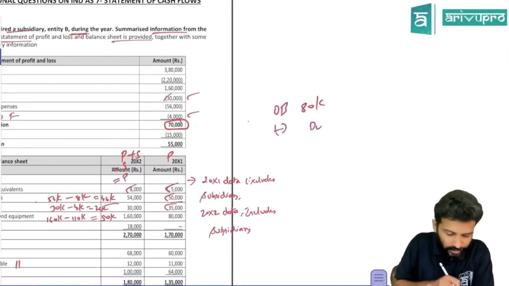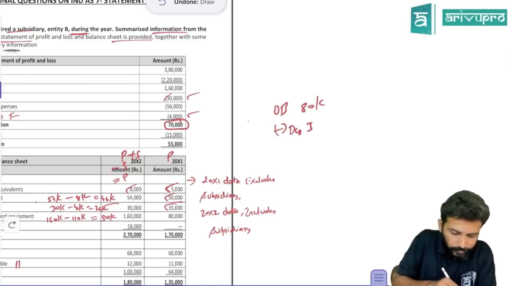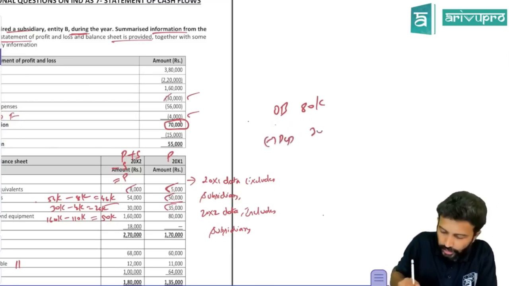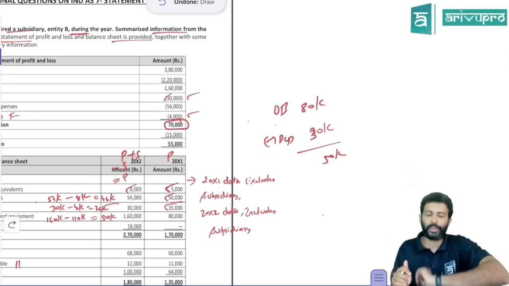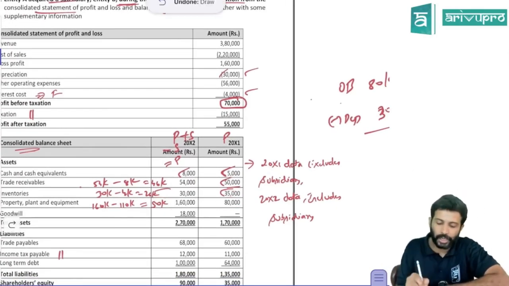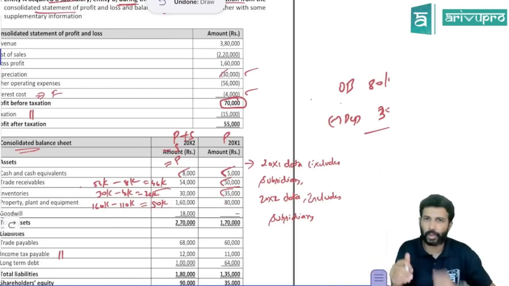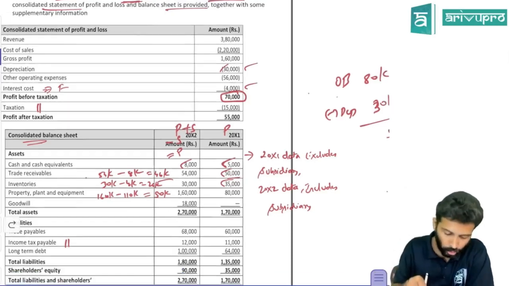You deducted depreciation of 30,000. If you deduct a depreciation of 30,000, how much will you get? 50,000. And how much are you getting now? 50,000. That means there is no PP purchase nor PP sold here. Once you eliminate the subsidiary's data and reduce depreciation from 80, it matches. 80 minus 30 is 50. The closing balance is also 50. So basically no additional PP has been purchased, or for that matter sold.